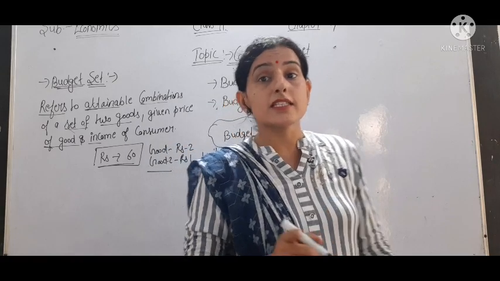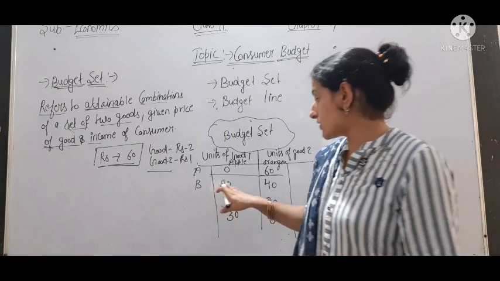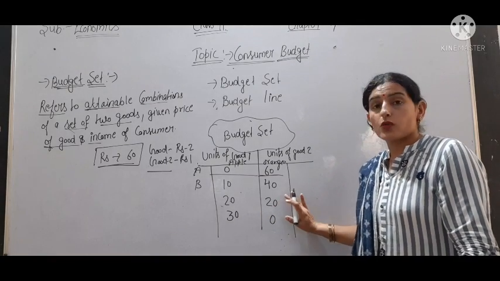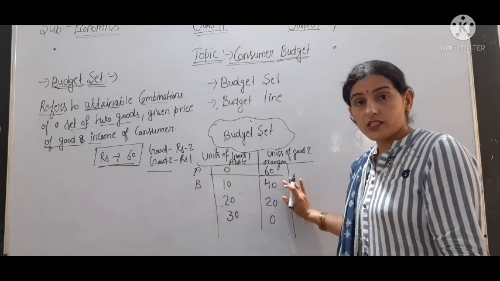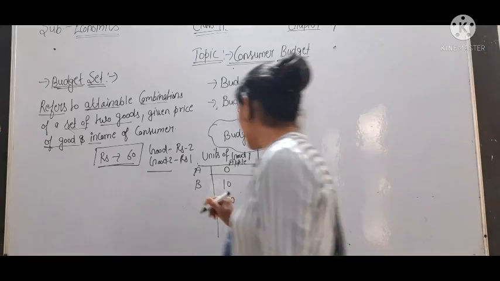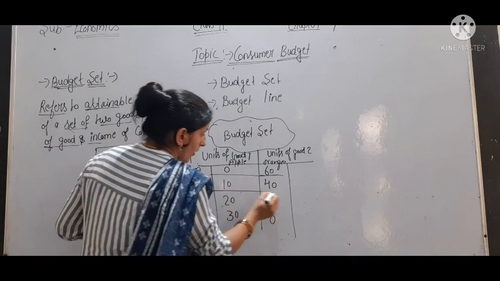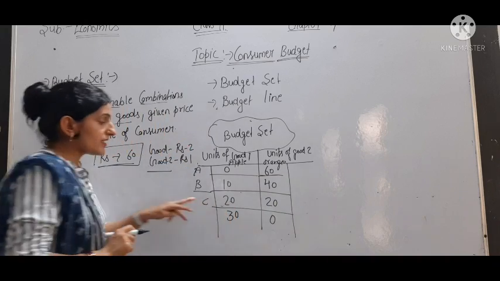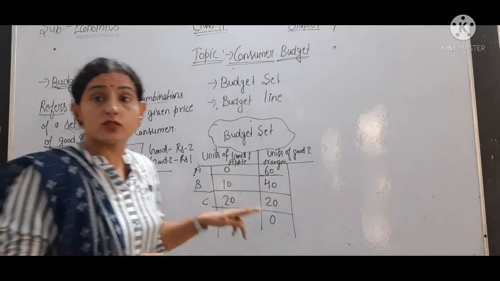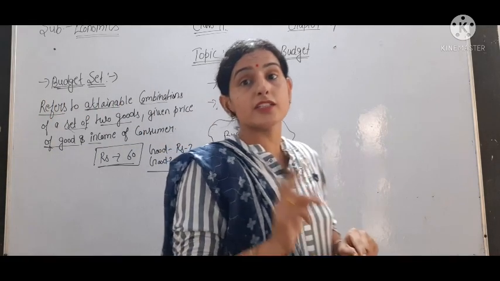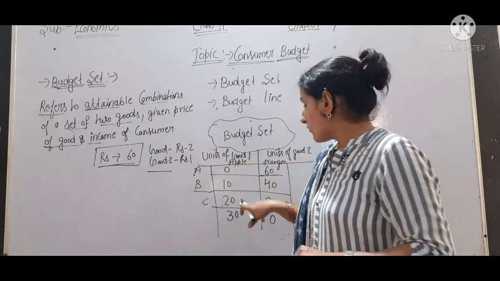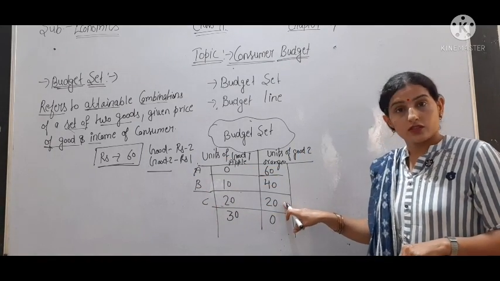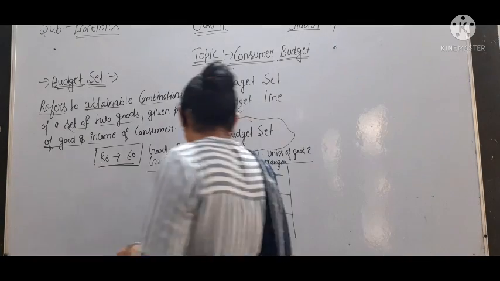It means he is spending 20 rupees on good 1 and 40 rupees on good 2, so 60 rupees. So this is combination B. Then in combination C, the consumer is consuming 20 units of apple. It means he is spending 20 into 2, 40 rupees on good 1 and 20 rupees on good 2. So this is combination C.